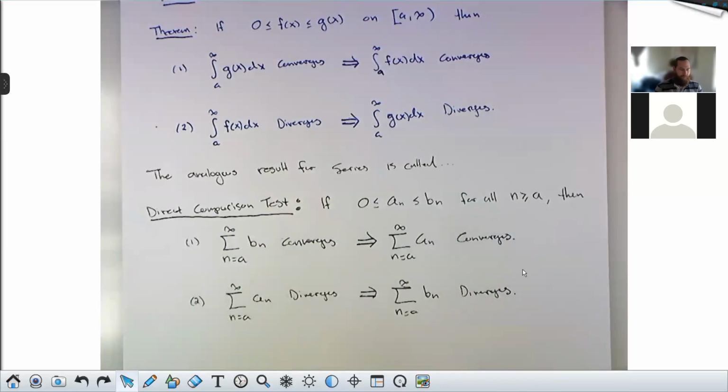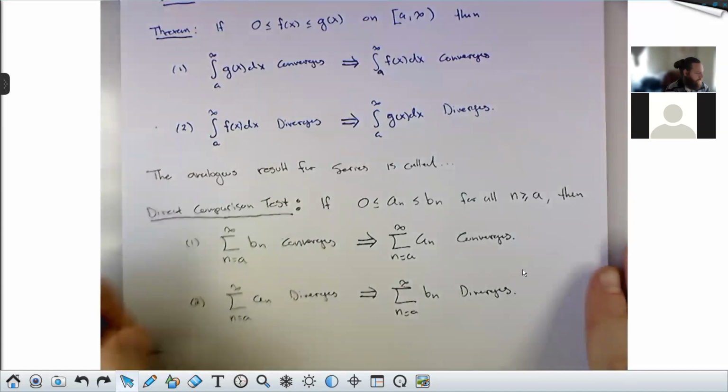That's the logic. I'm not going to go through a full rigorous proof, but I will try to convince you a little bit, right? So we'll say it's a little proof sketch.